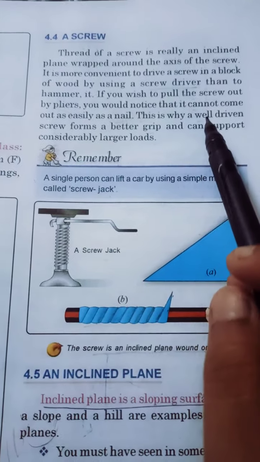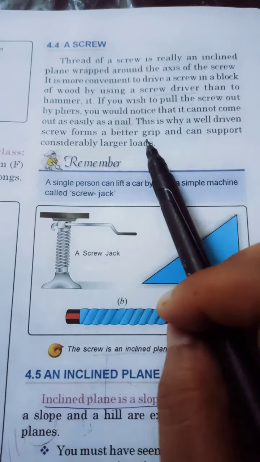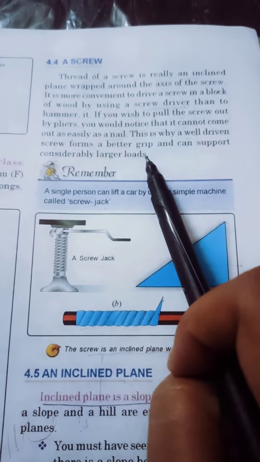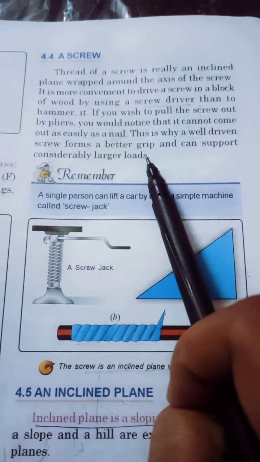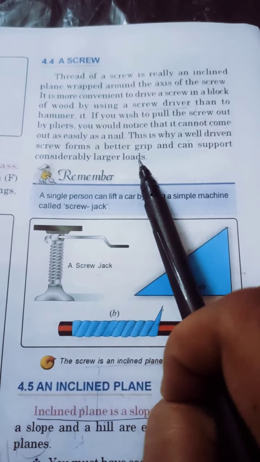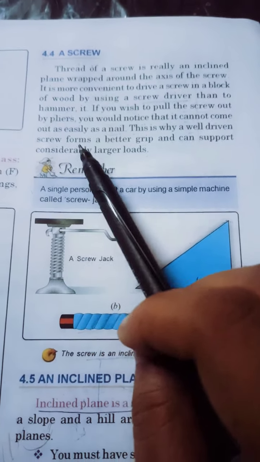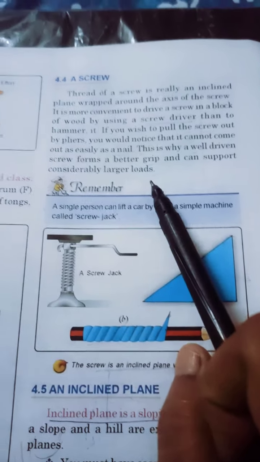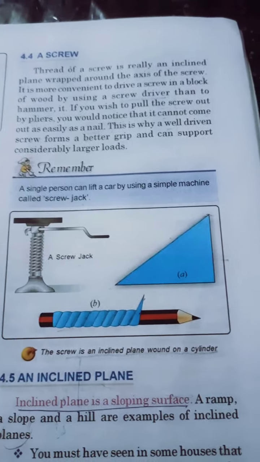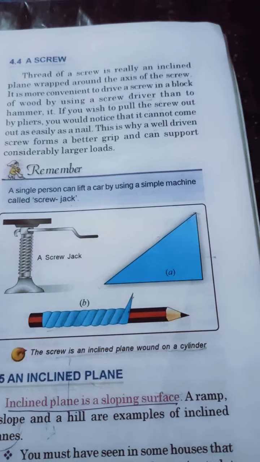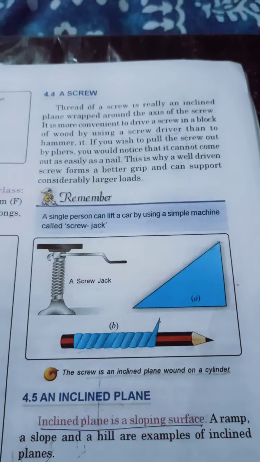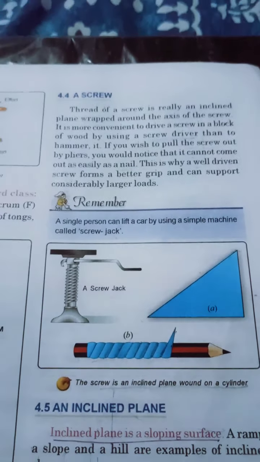This is why a well driven screw forms a better grip and can support considerably larger loads. That is the only reason why screws have a better grip and can support larger loads. It means, see, if you notice any heavy objects at your home, like coolers or maybe ACs, right?